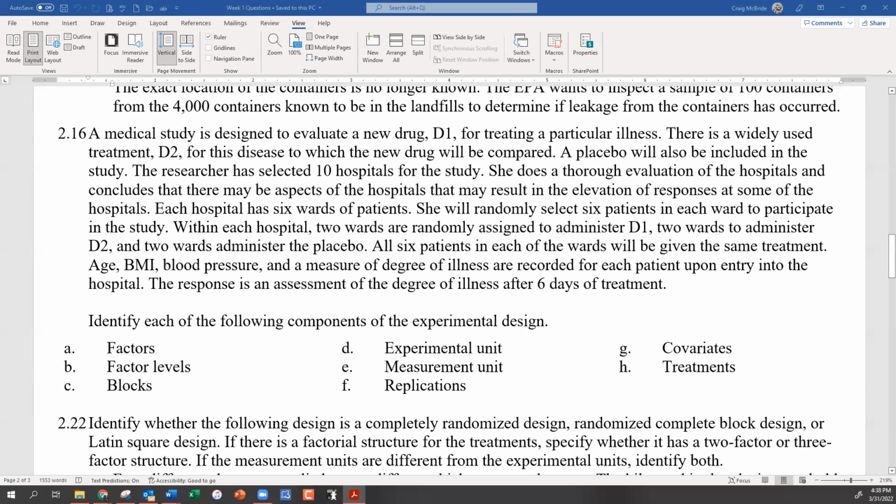At the end of it, you give them a score and say on a scale of 1 to 10, this patient is still at a sickness level of 7. Well, that becomes your measurement unit. That scale score is your measurement unit. And the experimental unit, in my opinion, is still the patient, because that's the thing upon which we are taking these measurements.